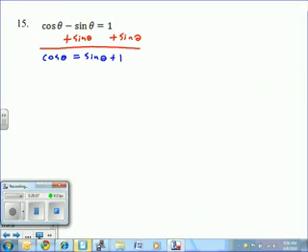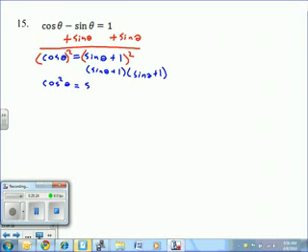Okay, then we would square both sides. Okay, which means that this is sine theta plus 1, sine theta plus 1. Okay, so now you've got cosine squared theta equals sine squared theta plus 2 sine theta plus 1.